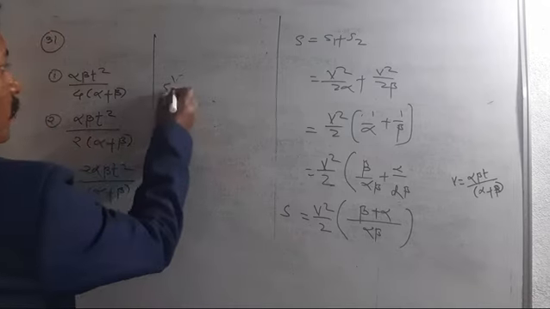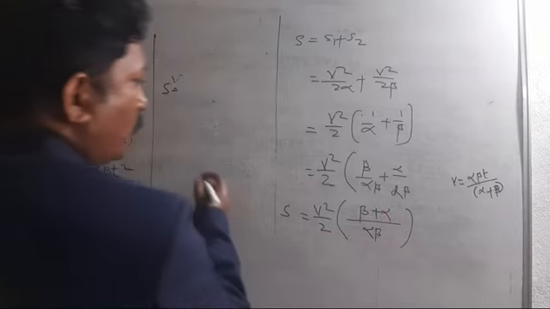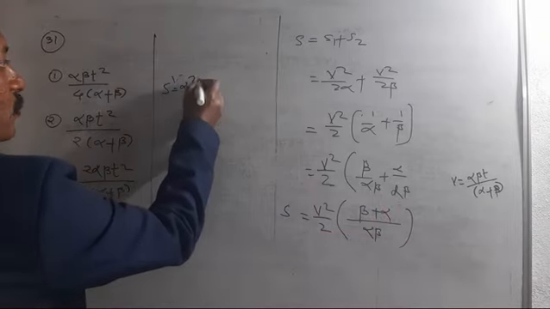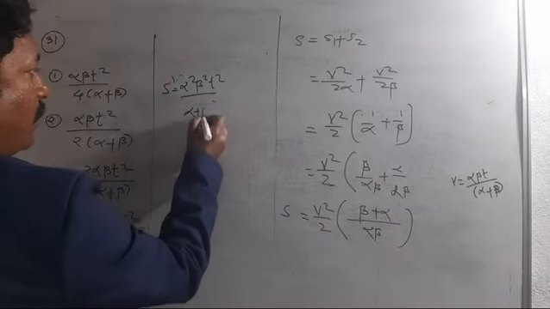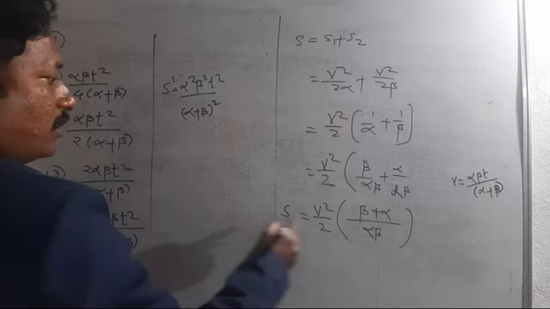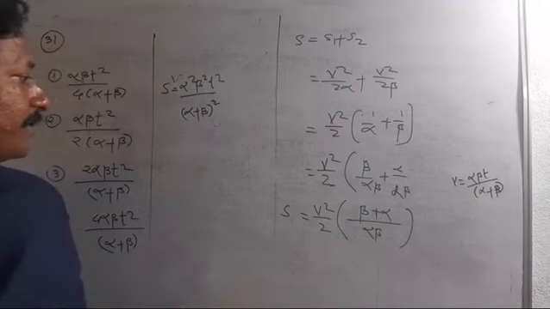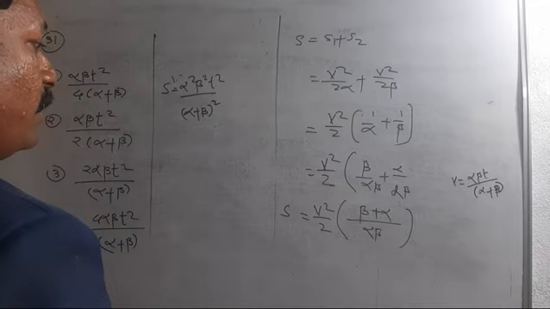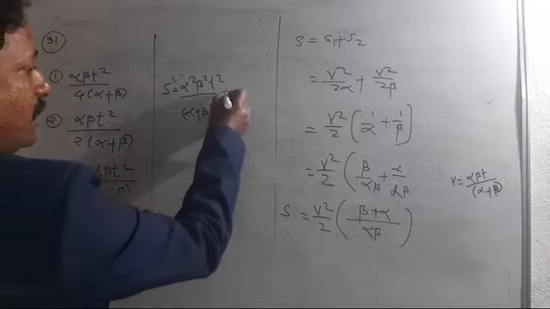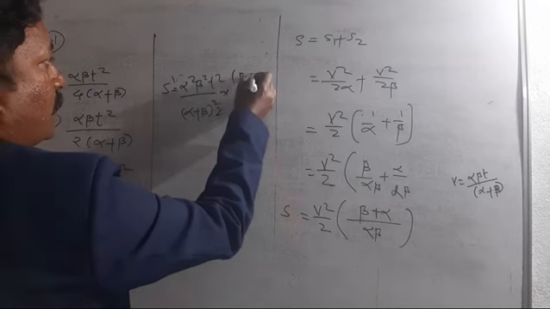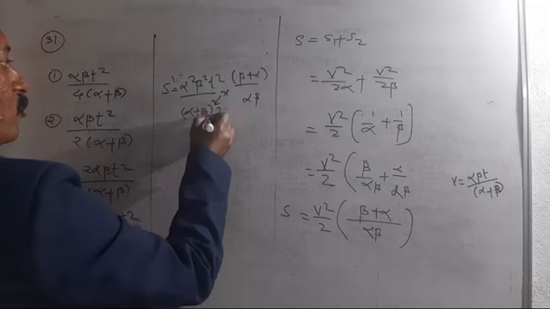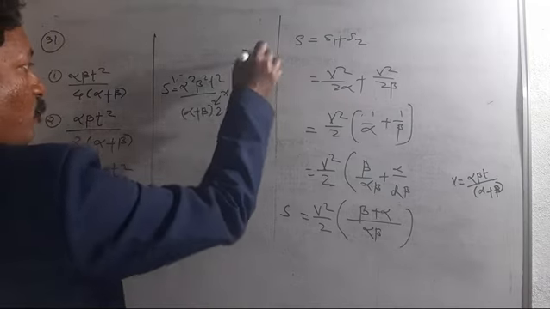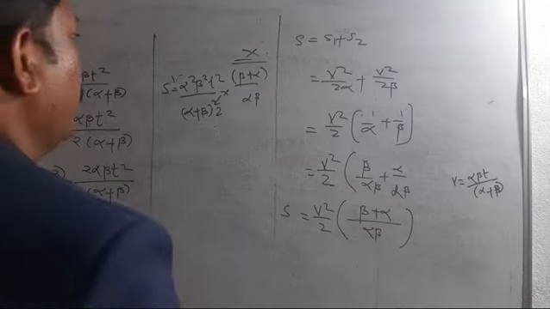This s is equal to v square, where v square is equal to alpha square beta square t square divided by bracket alpha plus beta bracket square, because this is the numerator term, right. The 2 is as it is, into beta plus alpha divided by alpha into beta. This square and this term get cancelled, right.